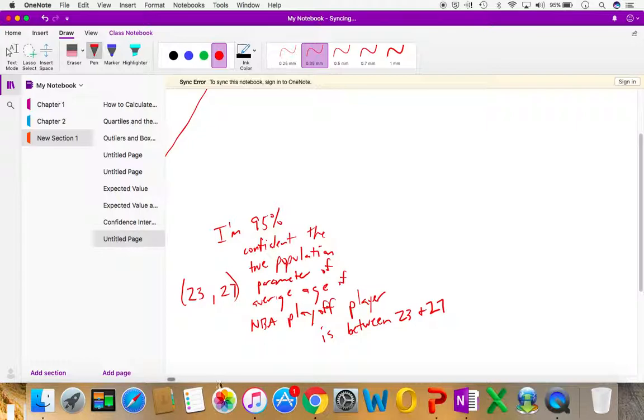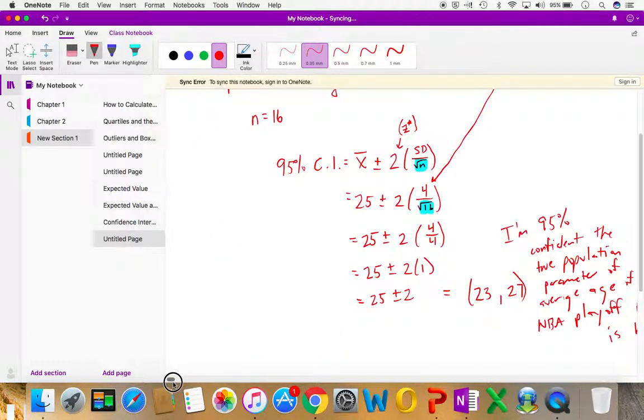Kind of running out of room here, I apologize. Let's get back to this. Okay. Now, that explains where that square root of sample size comes from.